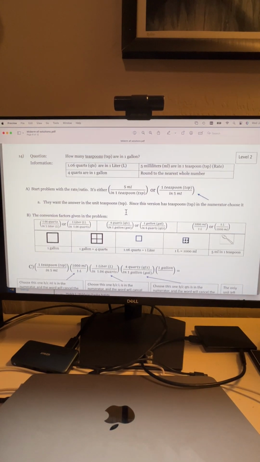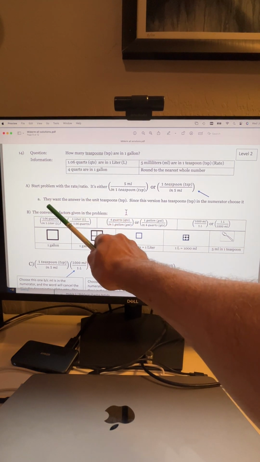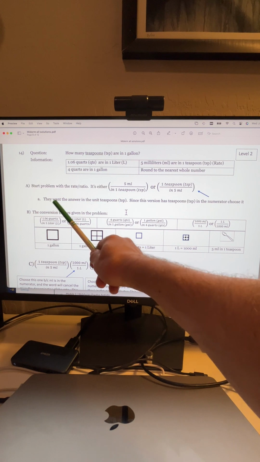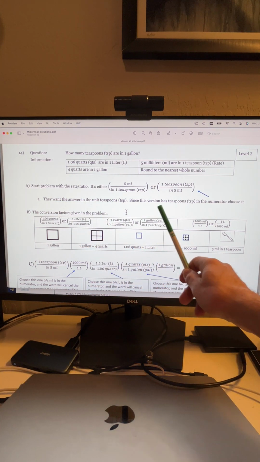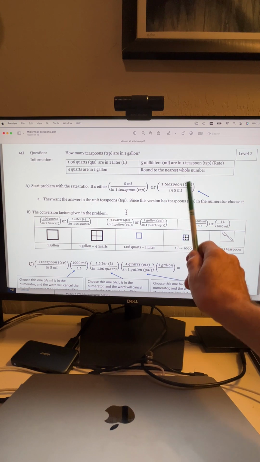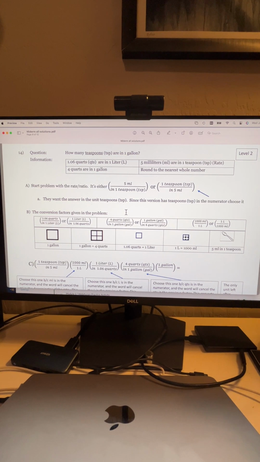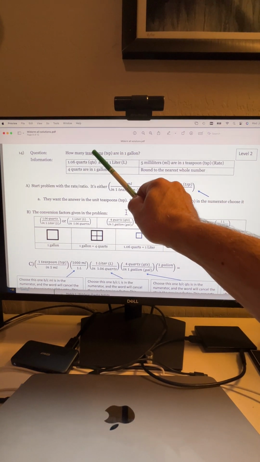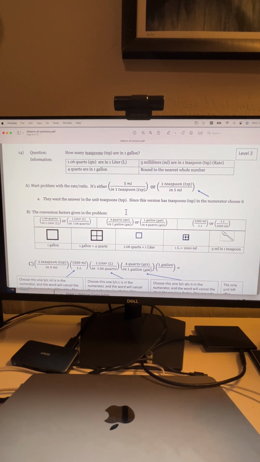Analyze, in this case, means to calculate. So since they, whoever they is, want the answer in teaspoons, since this version has teaspoons in the numerator, boom. So your step A and step B, teaspoons, there's so little math. I don't even think it's math. I think it's linguistics, English, but it doesn't really matter. So I'll put that one.